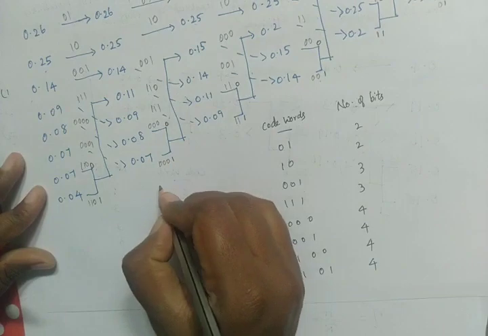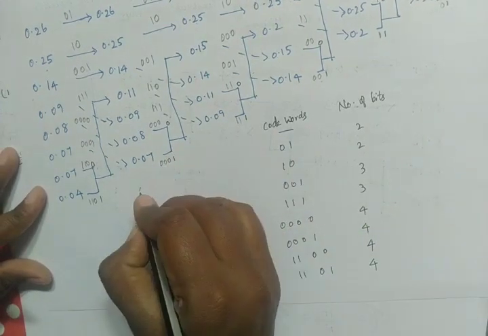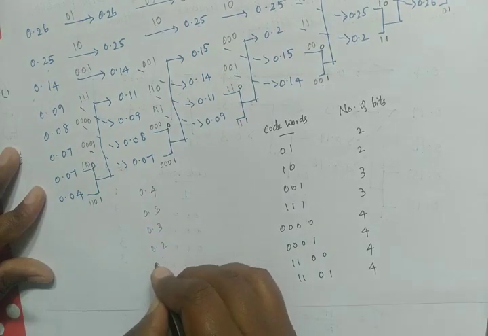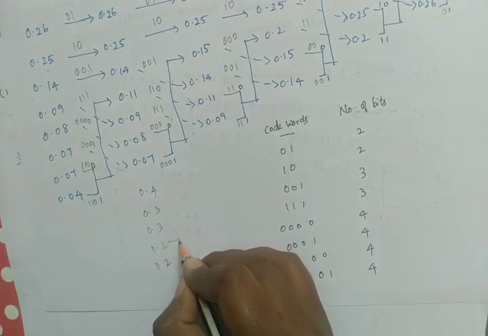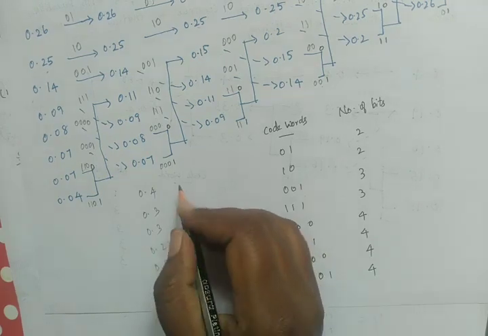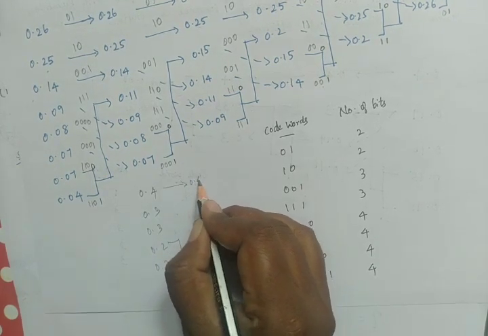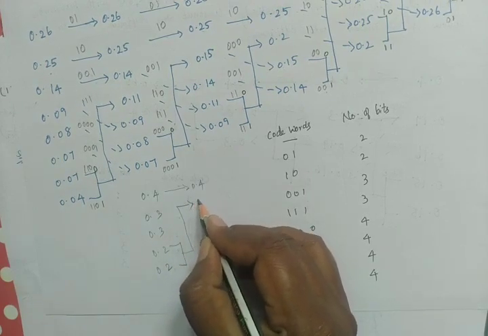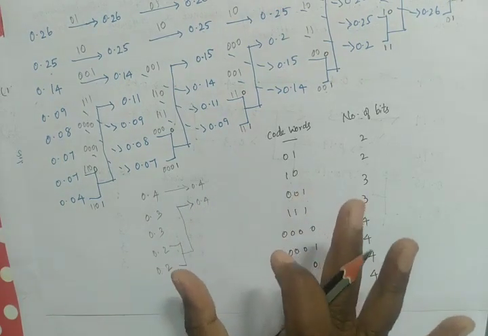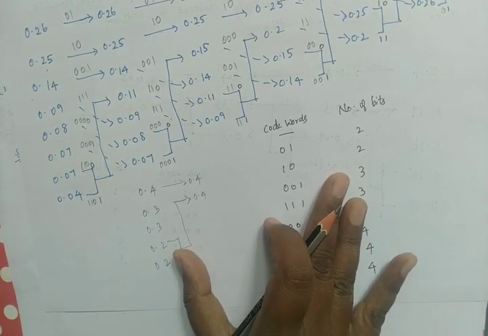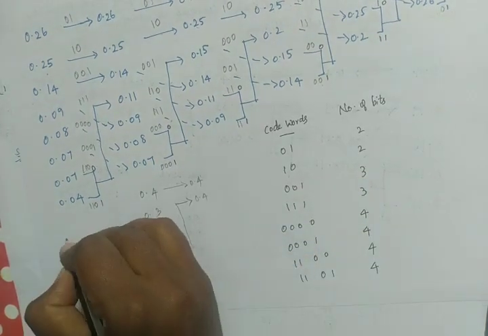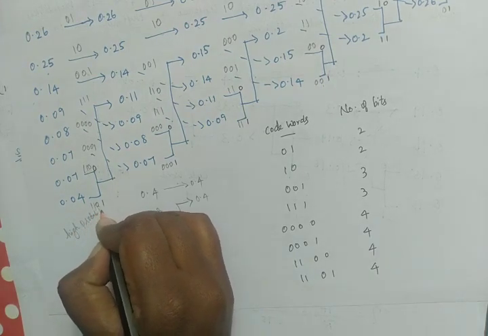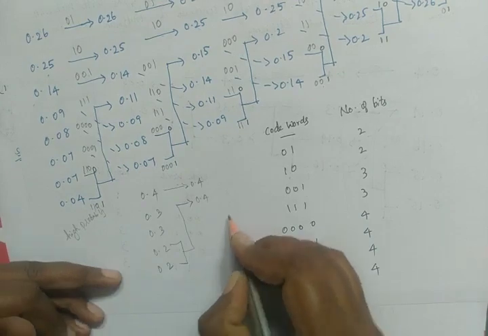Then the second thing is, for example, if you have probabilities like this, that is 0.4, 0.3, 0.3, 0.2, 0.2. Now listen. If you add these two probabilities, you'll get 0.4, isn't it? But previously we have 0.4. If you get the same probability, then we have to place the new probability below this probability if nothing is mentioned in the question. But if in the question they mention high probability, what you have to do is take this.